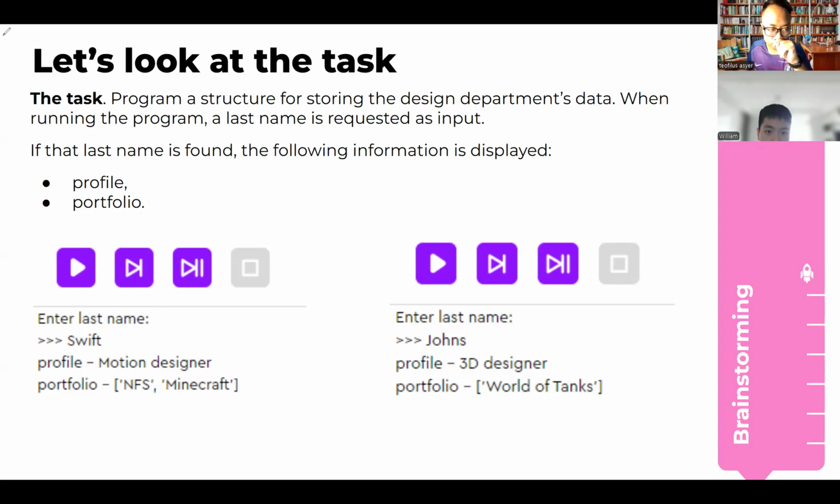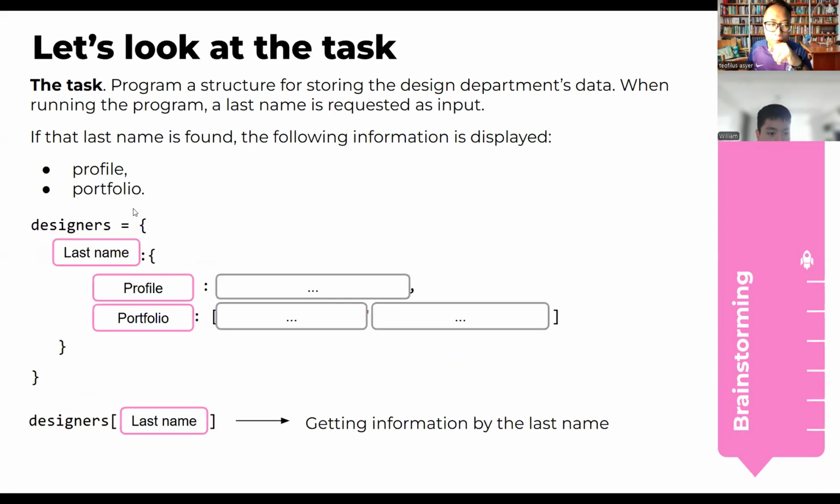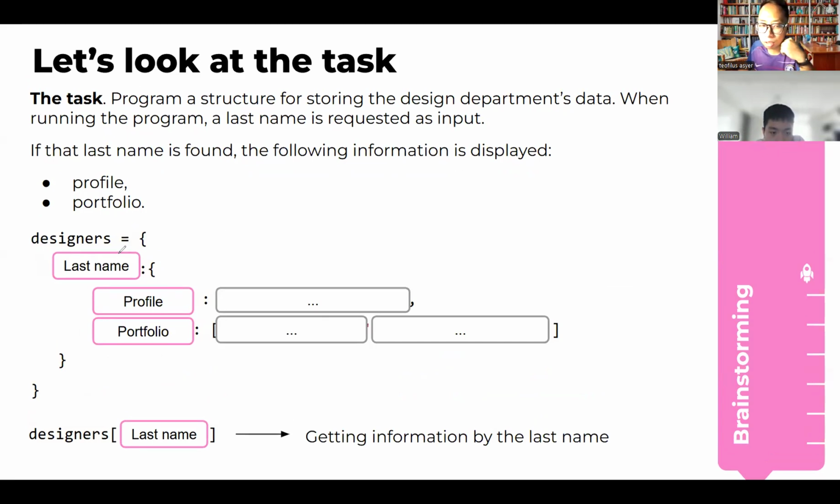You get it? And the second one, after you have the data, you have to structure the data inside what is this? Dictionary. Yes, you have to use the dictionary. You have to mention the last name, and you have to mention the portfolio and the profile.